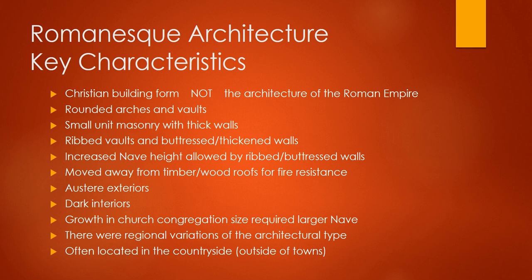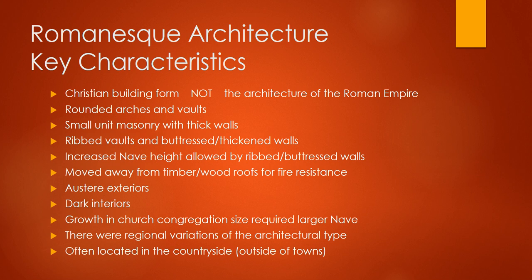Okay, and we'll look at a picture of buttresses as we go through this section. There was a distinct move away from timber and wood roofs, due to the fact that these other materials provided greater fire resistance.